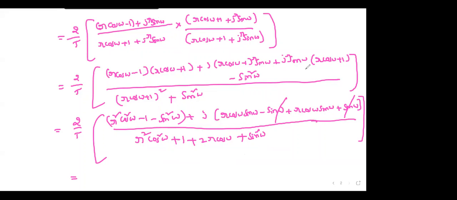So here also r, here also r square. The denominator is also r square. In the numerator, this is okay.